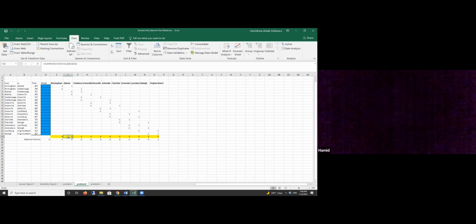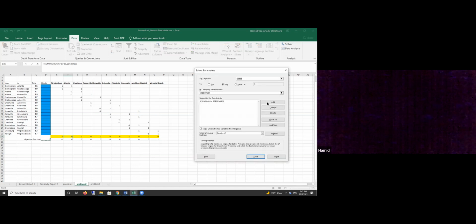Okay, so my constraint, if you look at the solver, let me show the solver again. It just says the blue cells of Atlanta on this side, the yellow cell, and this 0 should be equal. So to have this one 0, one of these blues should be selected, and one of them should be selected.